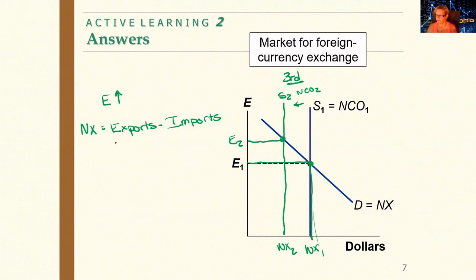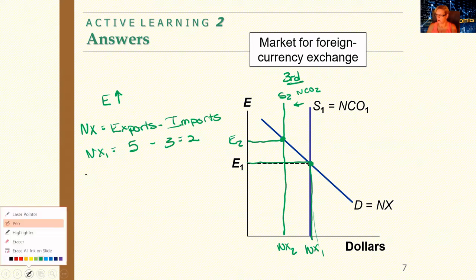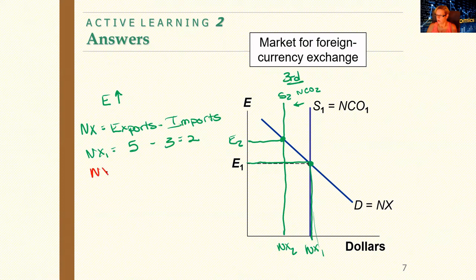So if originally, let's say it was 5 and 3, that was our net exports, NX1, at NX2, or net exports 2, we're going to export less, so 4 minus 3, and that would be NX2. Okay, hopefully that makes sense to you.